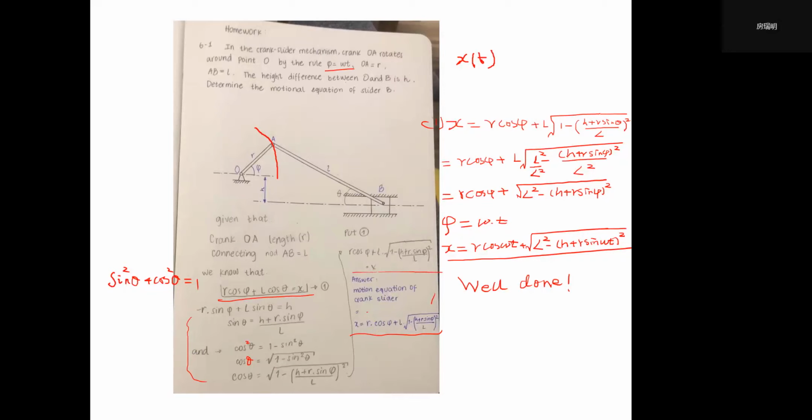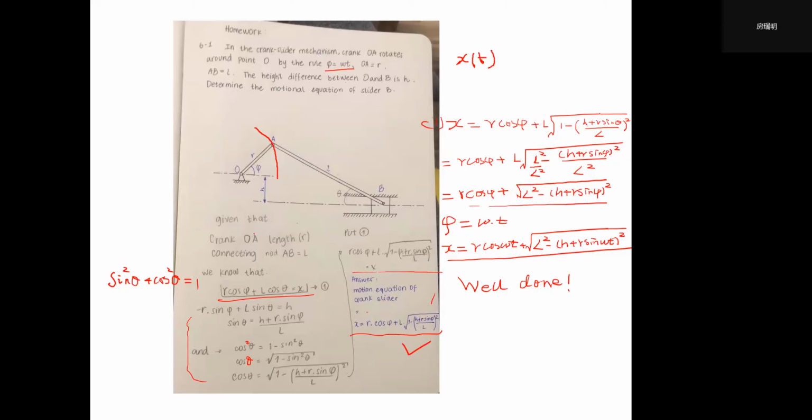So we have L squared, this part squared. Then this 1 can be replaced by L squared over L squared, right? Then we can take this L squared out of the square root. Then this L and this L will be eliminated. So this is the same result as our method, right? So actually, her result is totally correct, right?